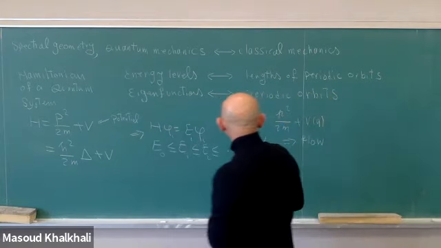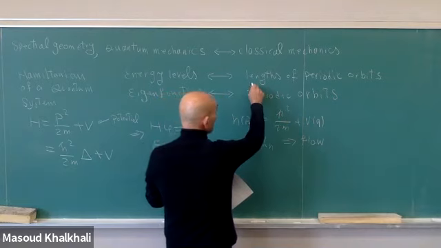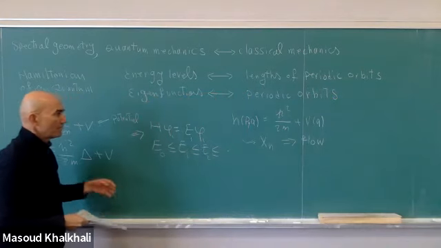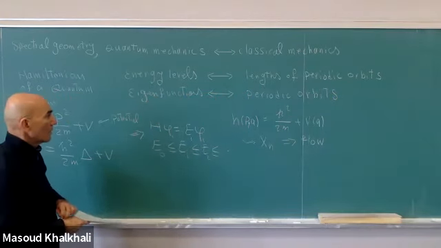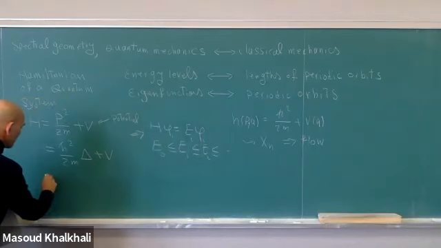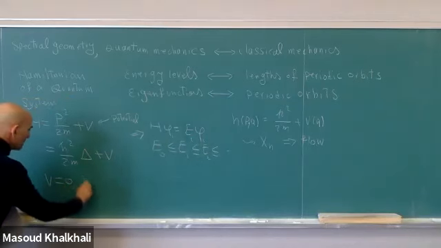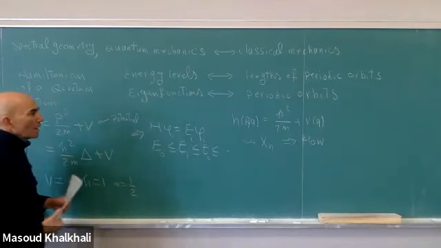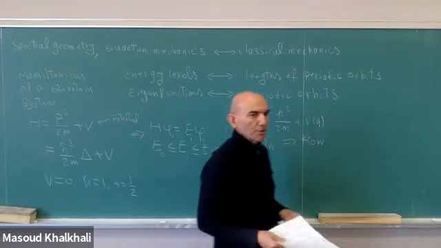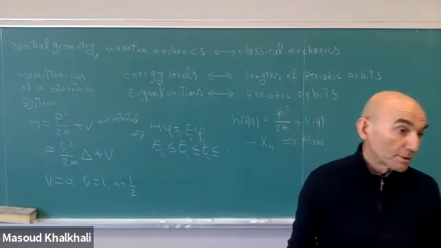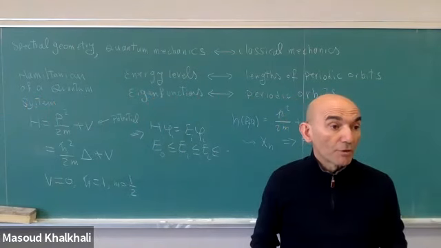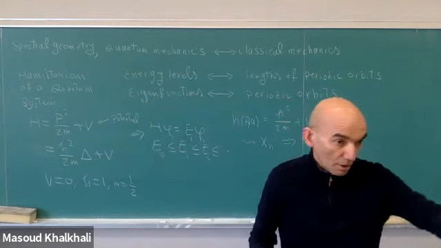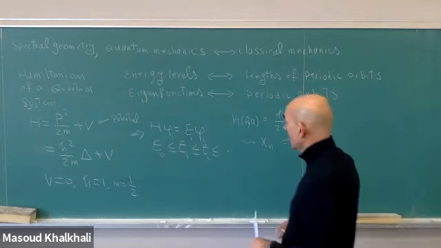These concepts, periodic orbits and lengths of periodic orbits, are defined. But what we discussed was the case V equal to 0, as I said, and h bar equal to 1 and m equal to half. In this case, we know that the periodic orbits for this energy functional are just closed geodesics. I mean, its trace on the manifold is just closed geodesics, right?